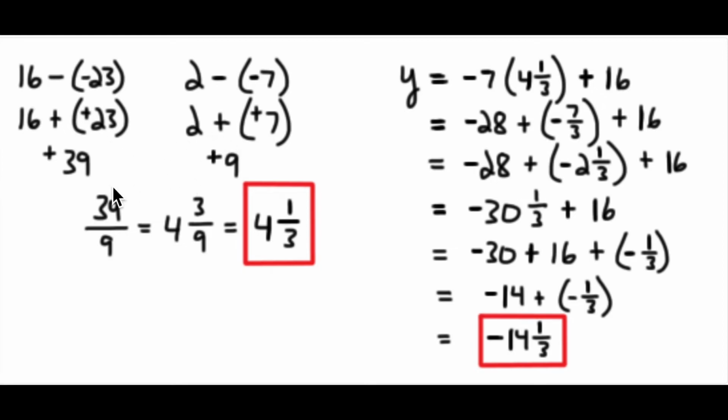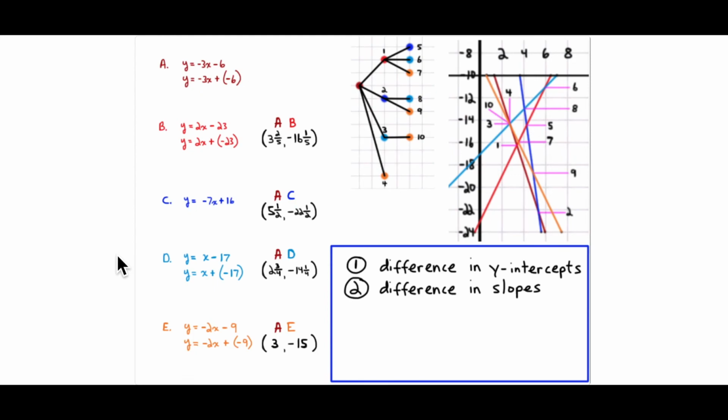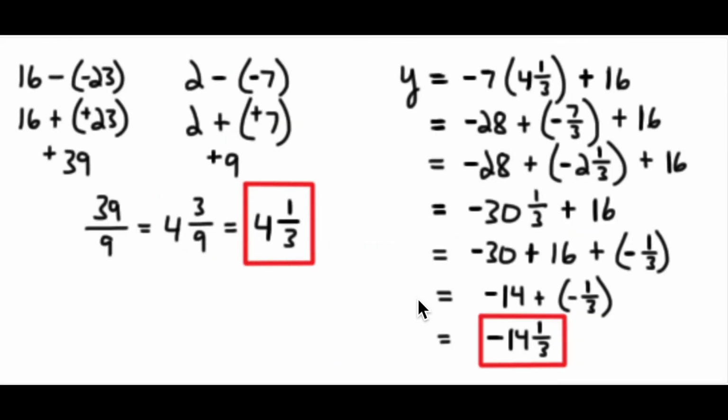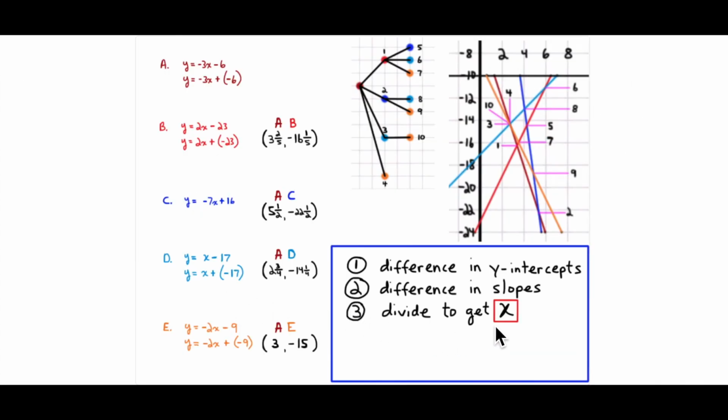So you work through that arithmetic. This is 39 divided by 9. So find the difference in the slopes, 9. Then divide to get the value of x.